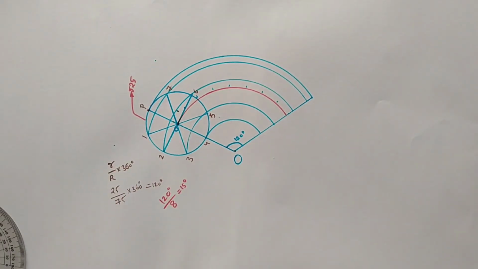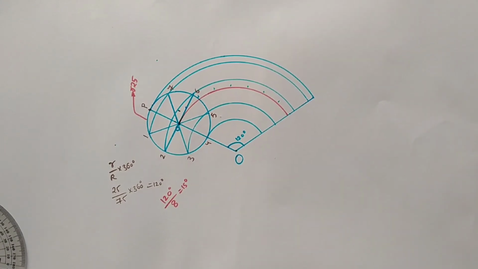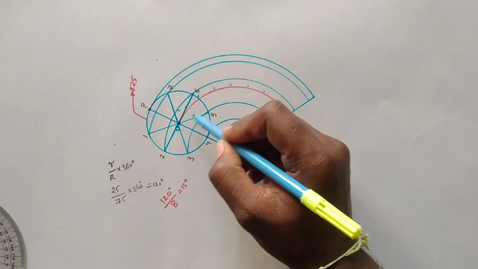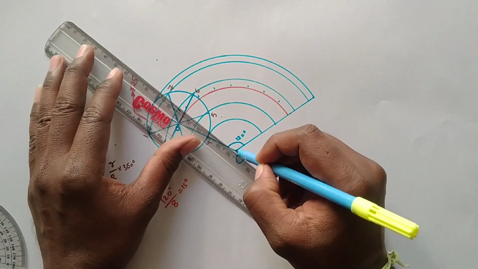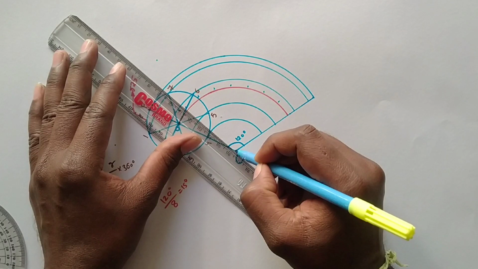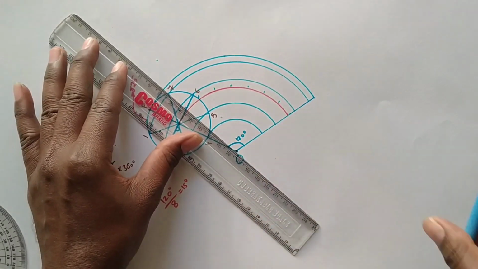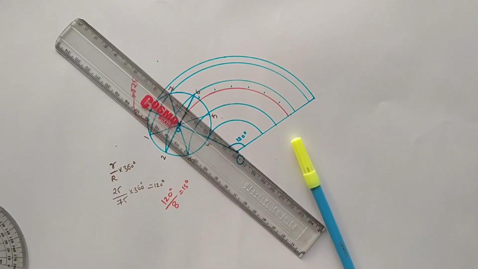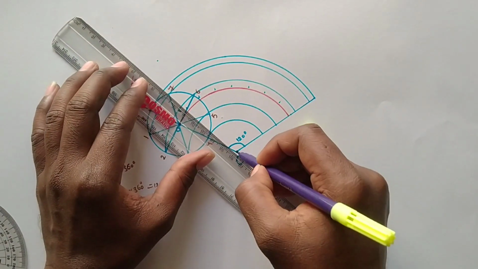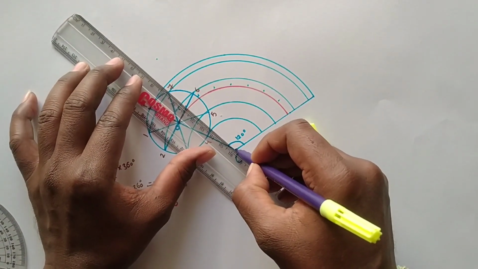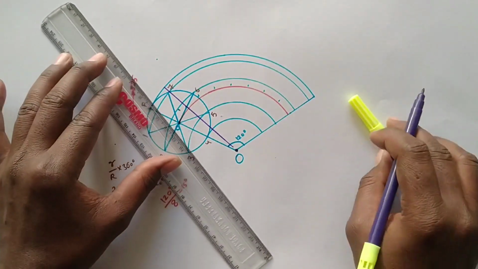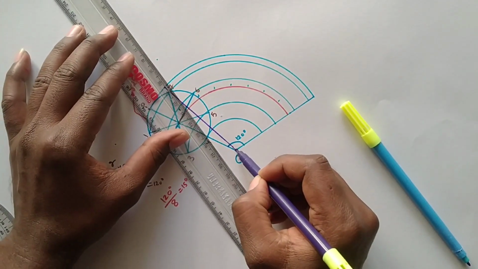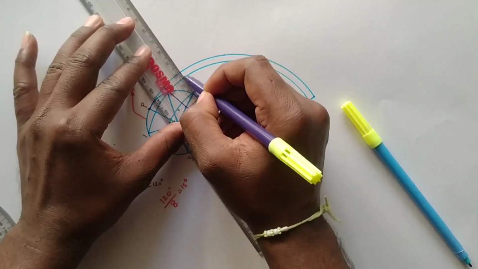Next, after dividing into 8 equal parts, every part is 15 degrees. With the directing circle center as the center, draw lines every 15 degrees.